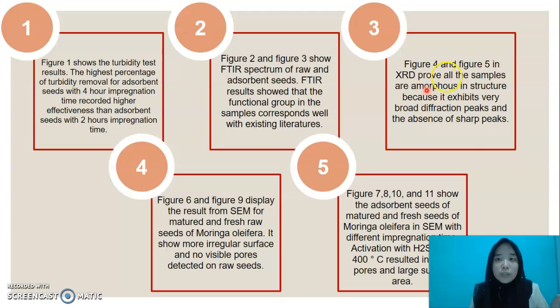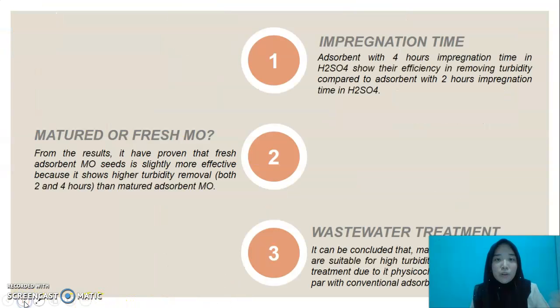For discussion, it is the brief description that I explained before. And for conclusion, for impregnation time, adsorbent with 4 hours impregnation time in H2SO4 is more efficient in removing turbidity compared to the 2 hours impregnation time in H2SO4.